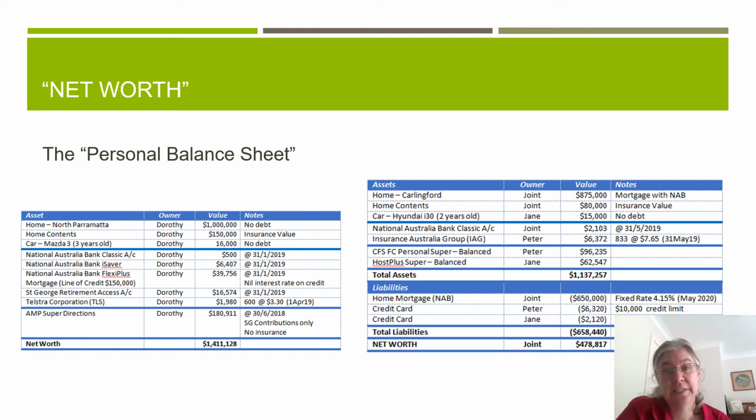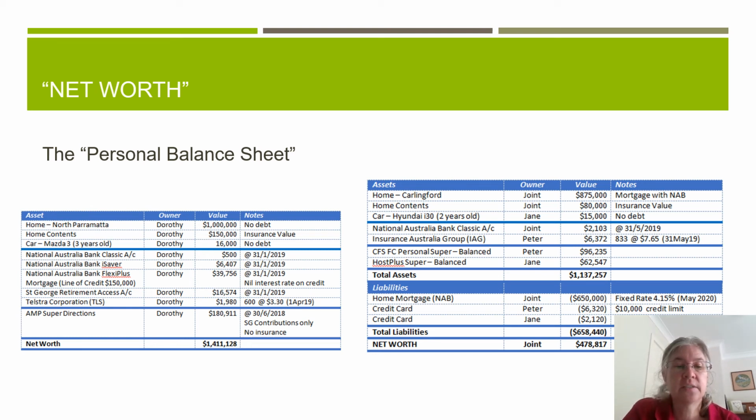So here we are nearly 2 years later, so that's a bit out of date. And we can see AMP, Super Direxim, some more super. Oh wait, what did I think was the super? St. George Retirement Access Account. Oh, it's actually a bank account. And you can see this is dated at the 30th of June 2018, so even more out of date.